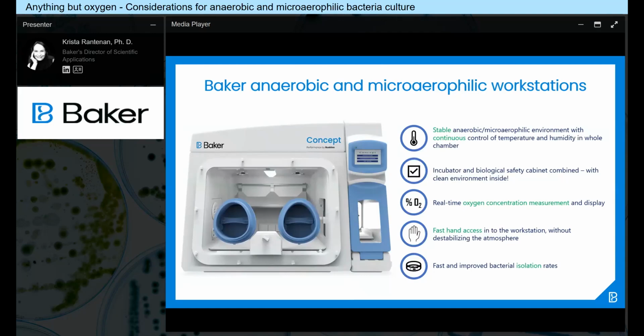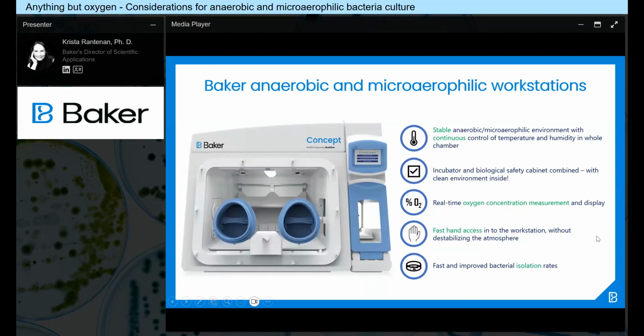And the work is performed through these round blue glove ports that are sitting on the front screen. Now you don't see any gloves or sleeves attached to the workstation, but of course, when you are working with the workstation, there is some kind of barrier between the open air and the controlled environment inside.